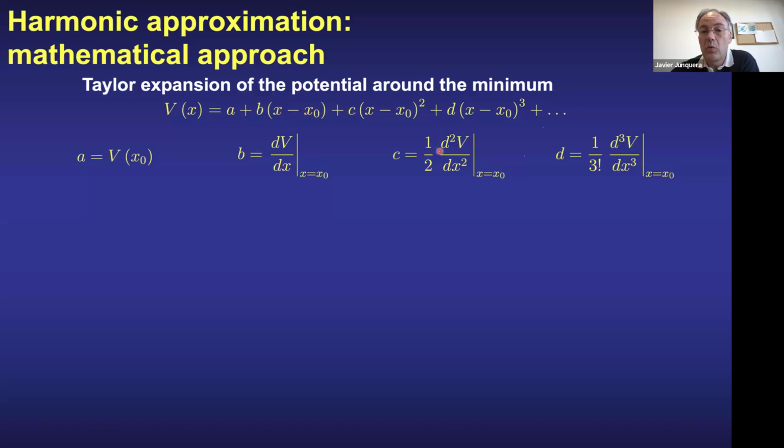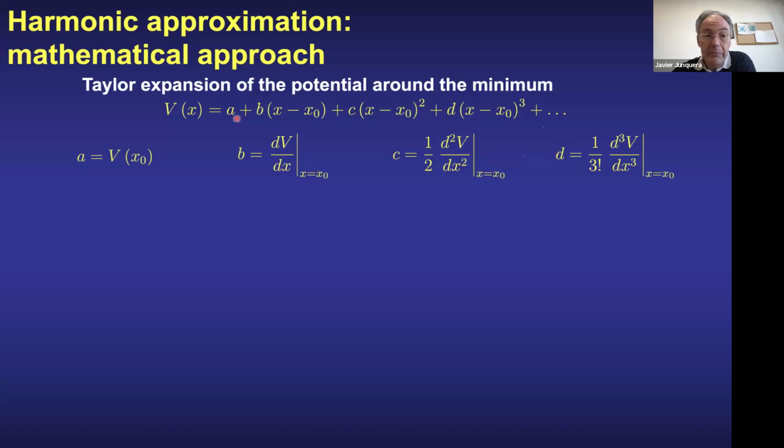And then I have here 1/2 of the second derivative of the potential with respect to the position twice, evaluated at the minimum, I am calling Z, multiplied by the distance to the minimum squared, and so on and so forth with higher terms.